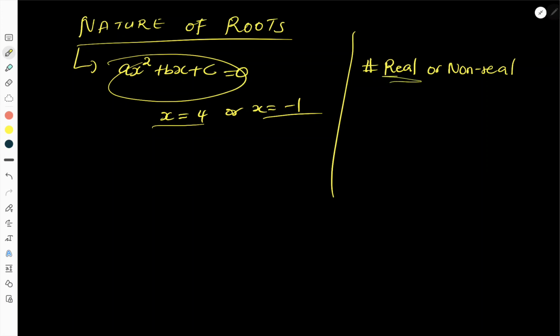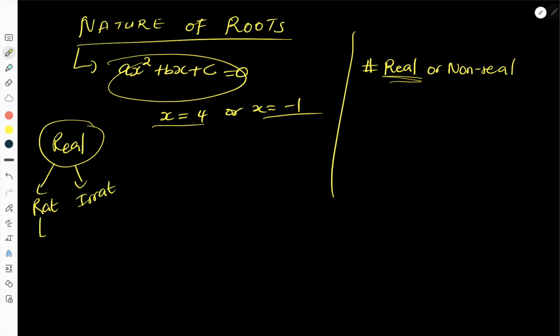When they are real, remember, real numbers might be rational or irrational. From the number system, real numbers include rational and irrational.